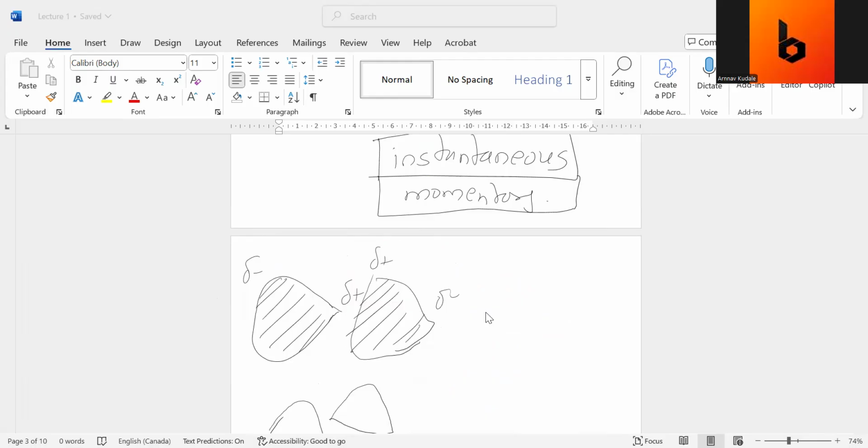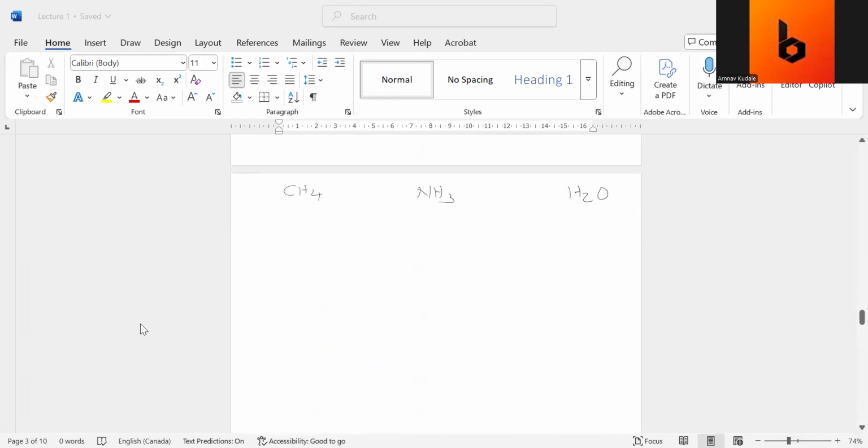The structure keeps on changing shape, and because of the change in shape, dipoles are created, and these dipoles keep the molecules together. That is London dispersion. No difficulty with this concept, right? No difficulty. Okay.